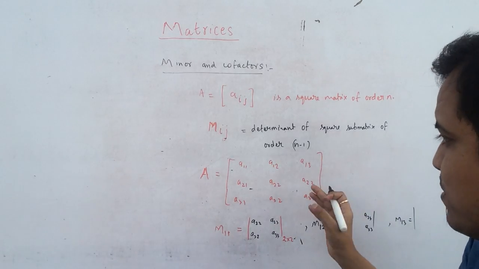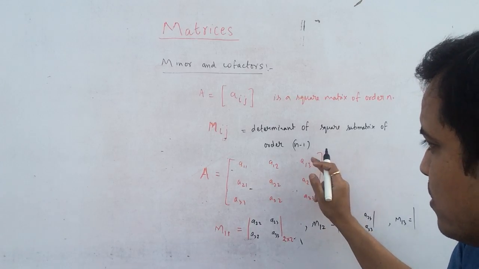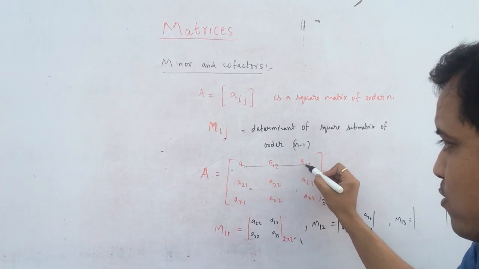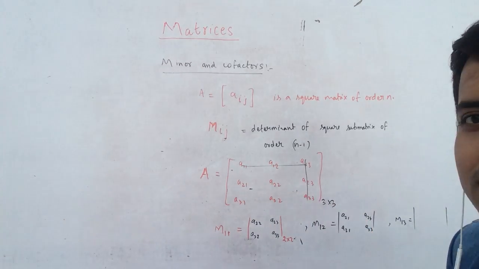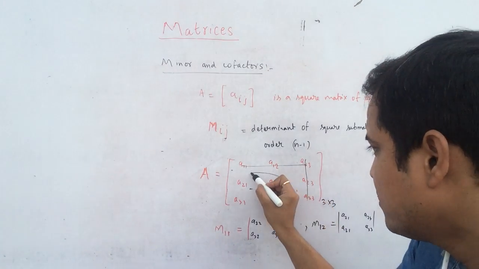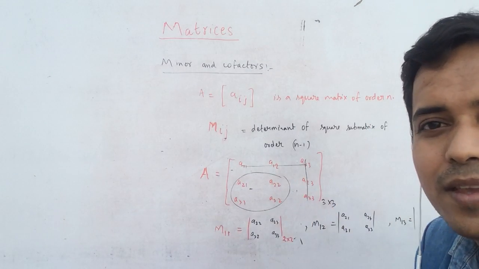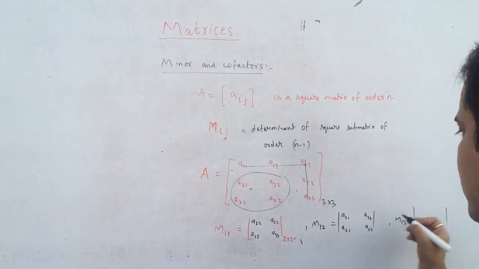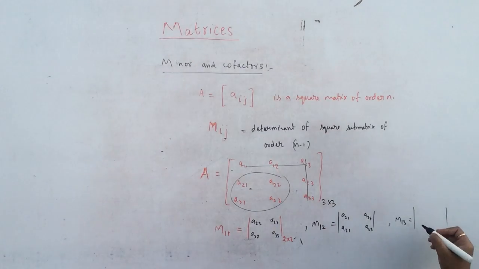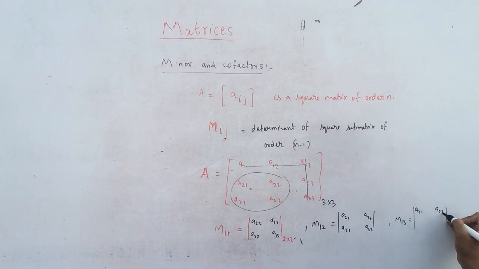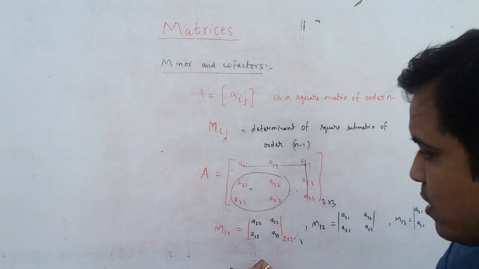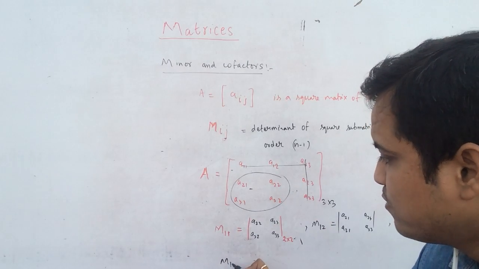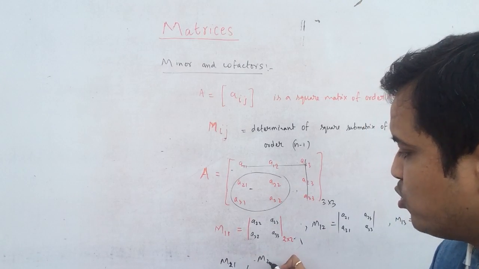Similarly, we have to remove the first row and third column. Whatever you get here would be your M13, and you have to take the determinant. So it would be A21, A22, A31, A32.